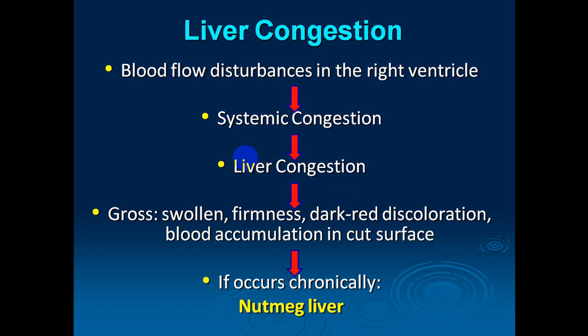The gross lesions of liver congestion are characterized like this: the liver will be swollen and firm, with dark red discoloration, just like we found in the lung. If we cut the liver, there will be blood accumulation on the cut surface.